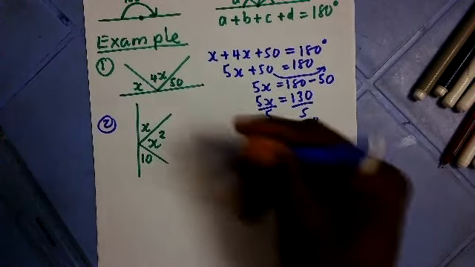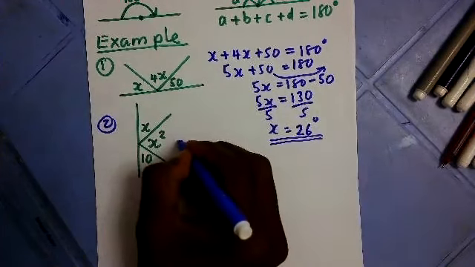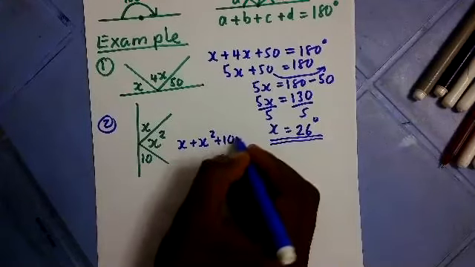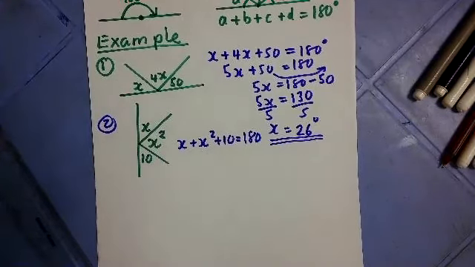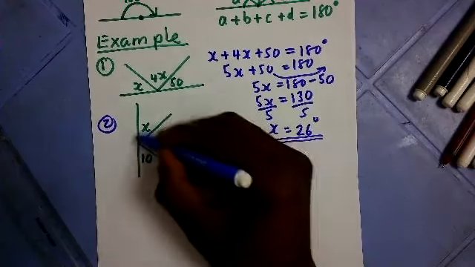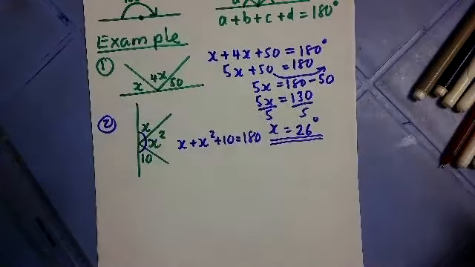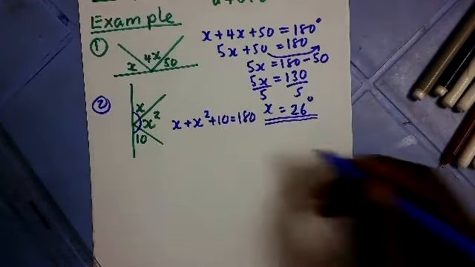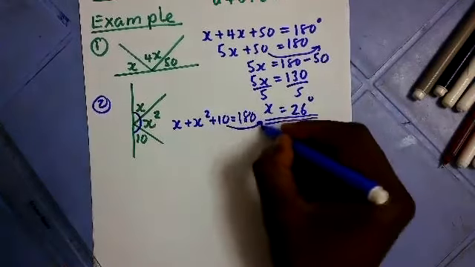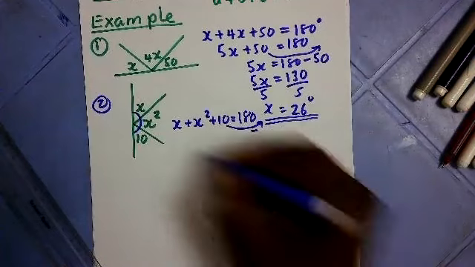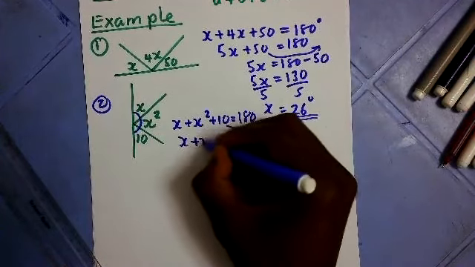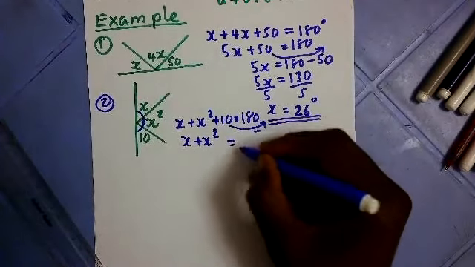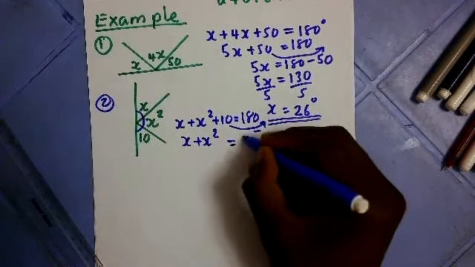I have to arrange them in such a way that I get my equation. x plus x squared plus 10 is equal to 180, because we know that a straight line must give us 180 degrees. Very good. So after getting to know this, I can collect the like terms. I can take 10 to that side and subtract. But remember, x and x squared can never add. But this side, I will have 180 minus 10. So 180 minus 10 will give me 170.